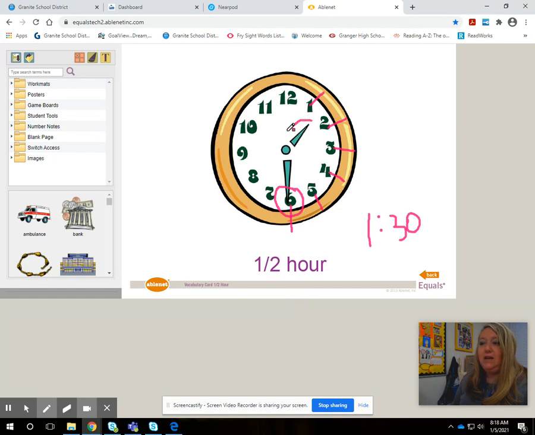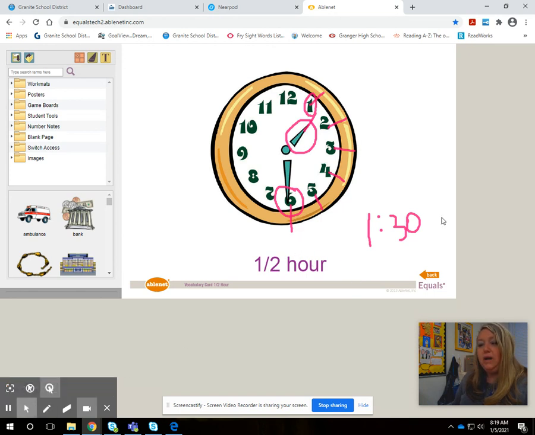And this little hand, wherever it was pointing last, it's kind of right in between the 1 and the 2, but it's always going to be that first number right there. So it's 1:30, because it hasn't quite gotten to the 2 yet. So it's still 1:30. Okay.